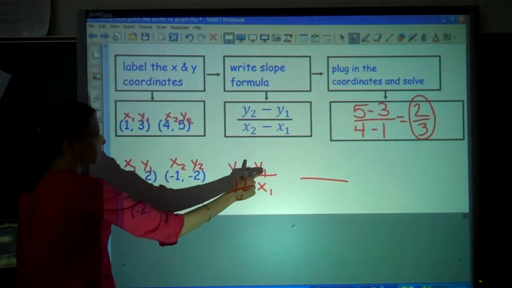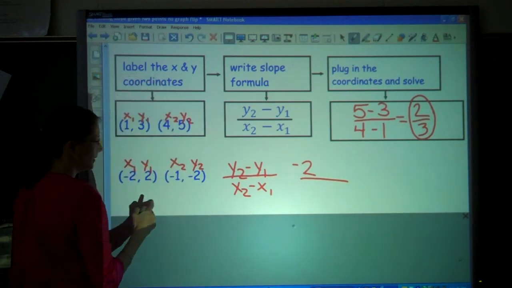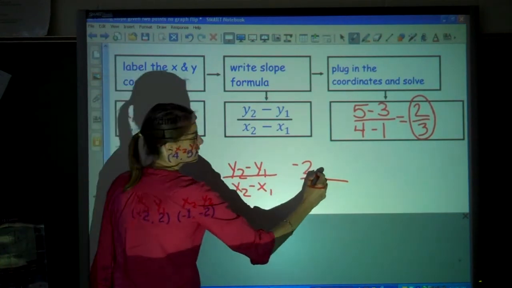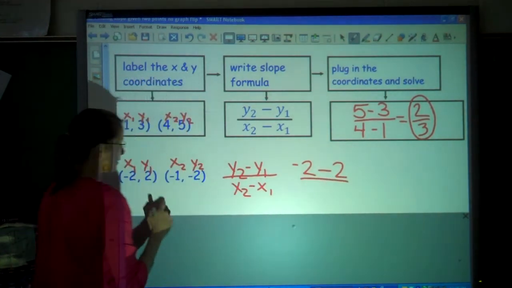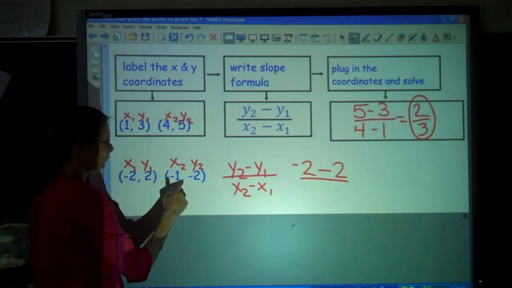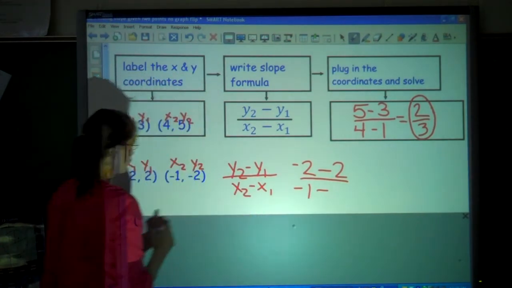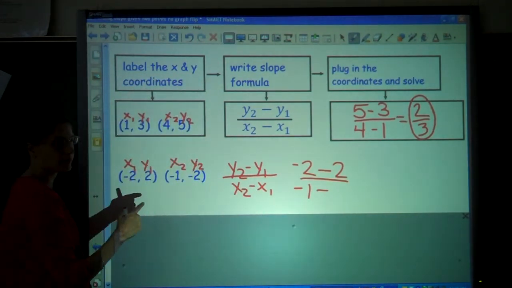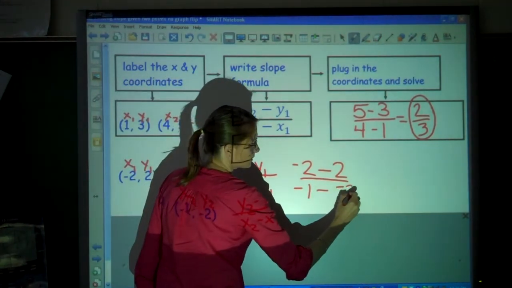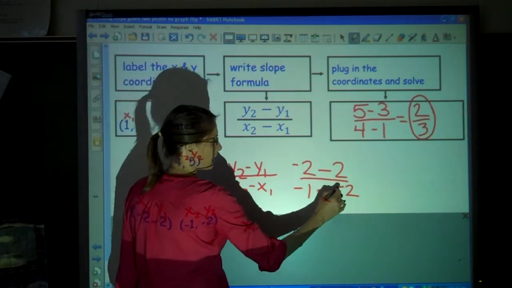So y2 minus y1, y2 is a negative 2 minus a positive 2, because y1 is a positive 2. x2, negative 1, minus x1, and x1 is a negative 2. So I'm going to put minus negative 2, and I'm just going to slide it over a little so it doesn't look like negative, negative.